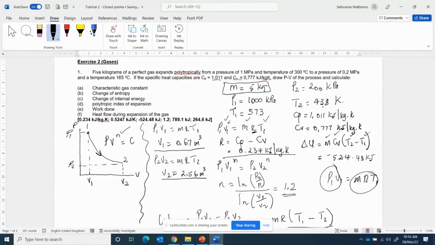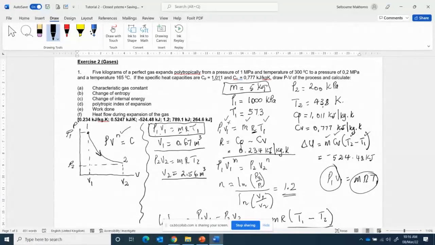So in most cases, if mass is not given, you have to calculate mass. How do you calculate mass? You will have information that will enable you to calculate mass from the first statement where you say P1 V1 is equal to mRT1. You will have T1, R, P1 and V1, and then you calculate mass. Sometimes the question will say per kilogram of mass.